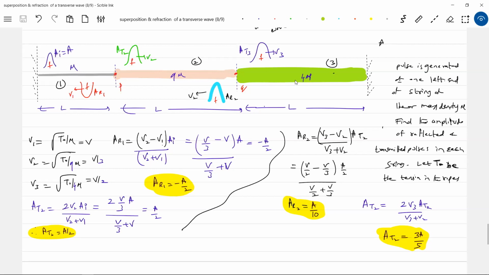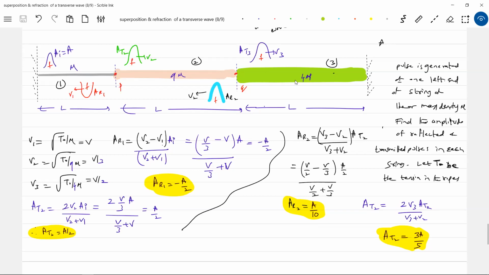Okay, look at the AT2 and AR1. Look at AT3 and AR2. Which will be greater? AT2 is greater than AR2, no?